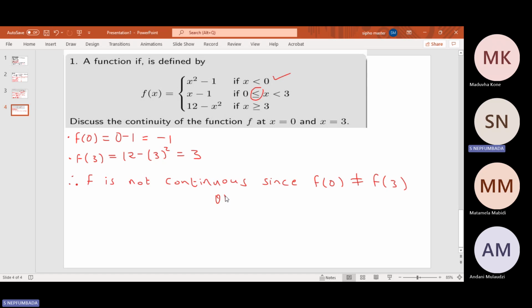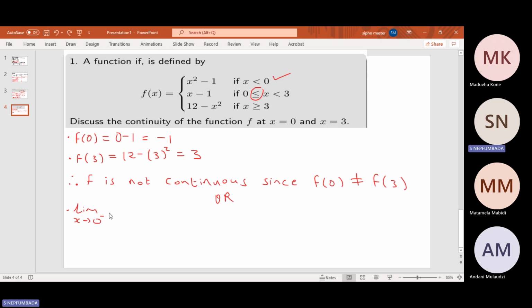Or you can prove it by the limit, but it is not necessary for this one if you have got the equal sign. Limit of x approaching 0 from the left. We are lying if we're saying that, because even this one is from the left, but it gives you the same solution.